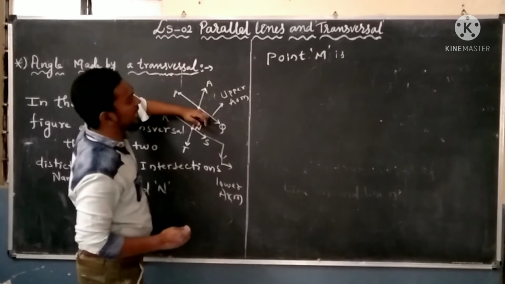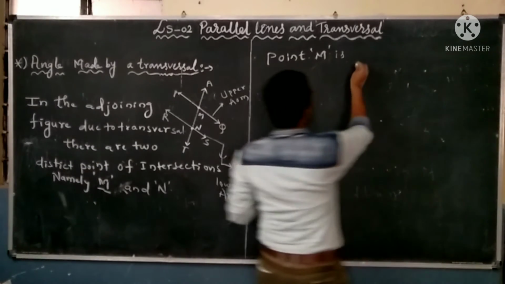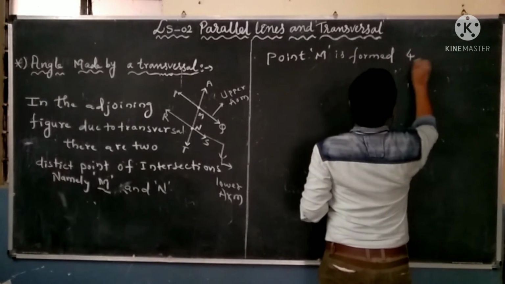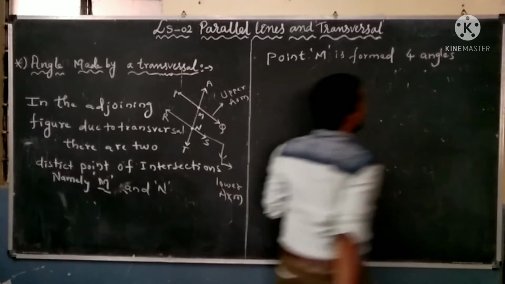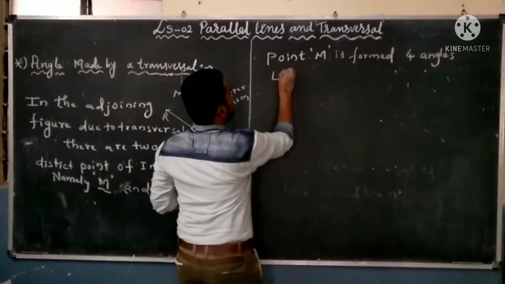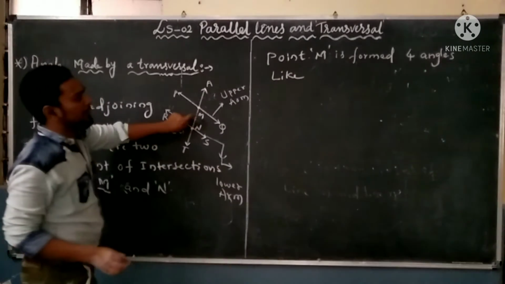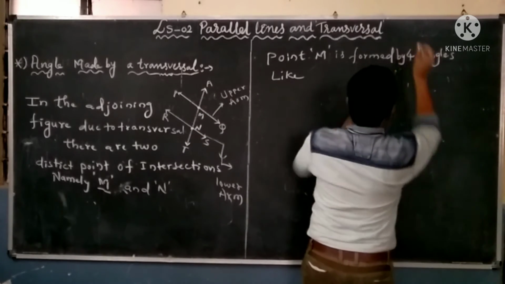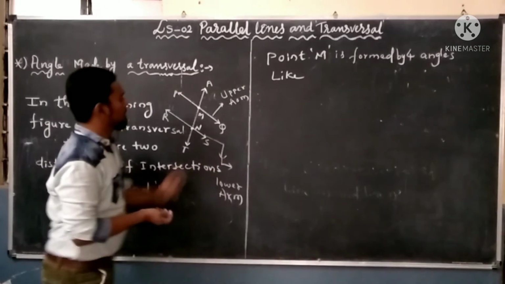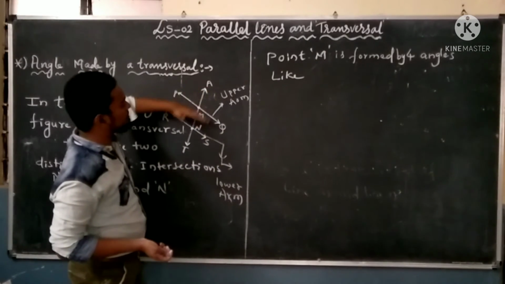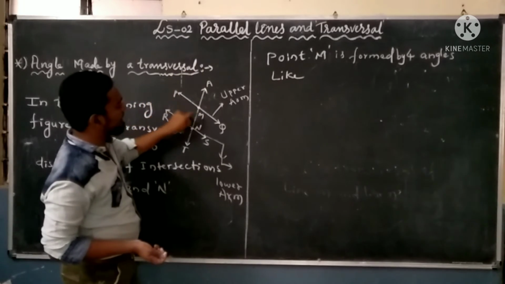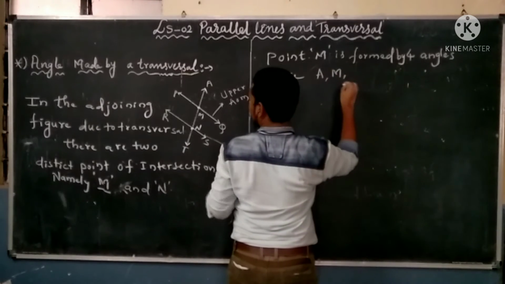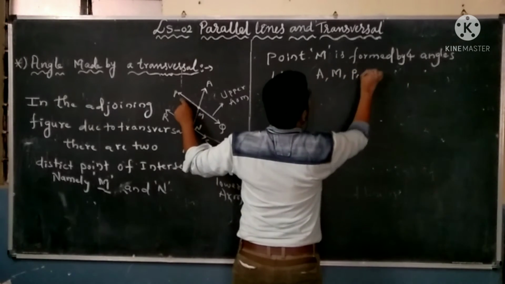In the upper part, 4 angles are formed. Point M is formed by 4 angles, that means in the upper arm: angle A, angle P, angle M, and angle Q.